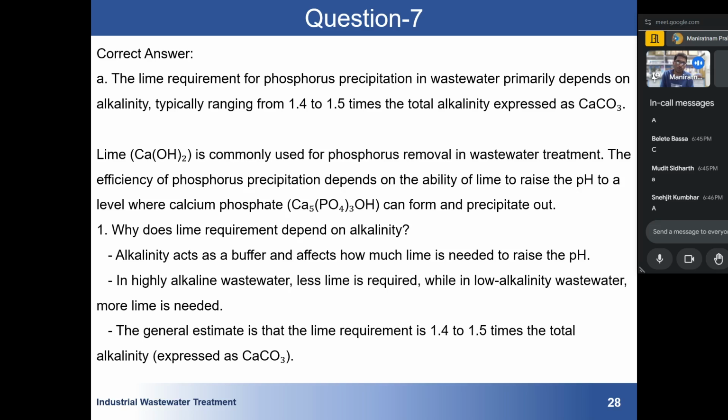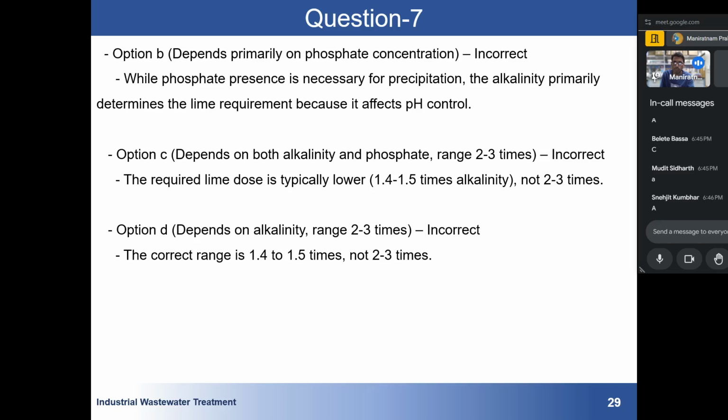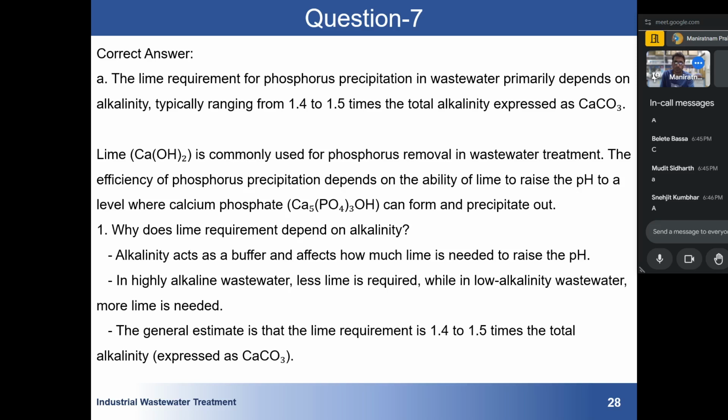I don't know why you said A, C, but first of all, it is not 2 to 3 times. The typical range is 1.4 to 1.5 times only. So we will look into the other options.